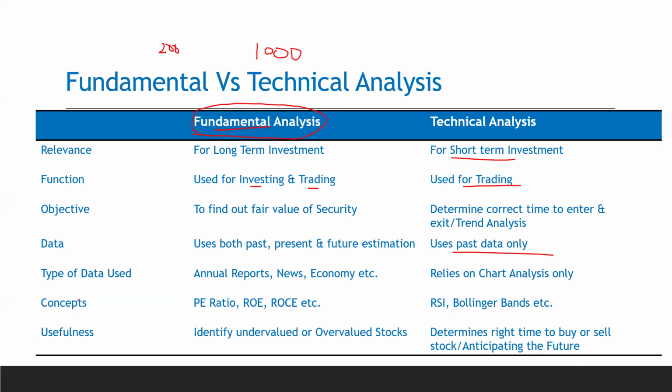In case of fundamental, you will need to know about concepts like price earning ratio, return on equity, return on capital employed, all those calculation stuff. In technical, there are some indicators like RSI, Bollinger Bands. We'll learn all that. Fundamental usually is used to identify overvalued or undervalued stocks, while technical is mainly for when to buy, when to sell.